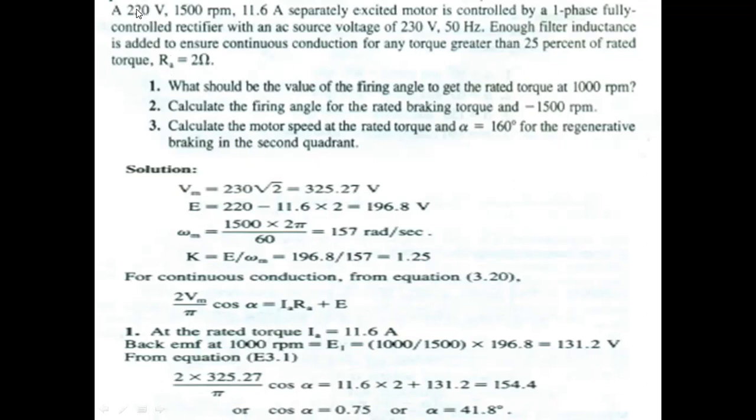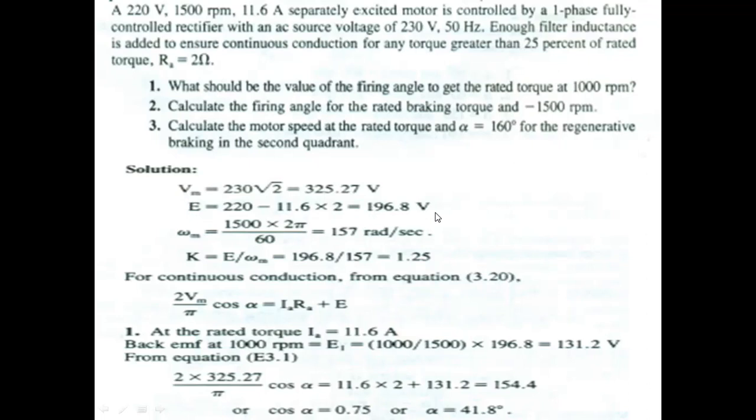So this is the back EMF voltage. Total E value is equal to 220 minus I into Ra. I is 11.6 amperes and Ra is 2 ohms. So it is 196.8 volts.